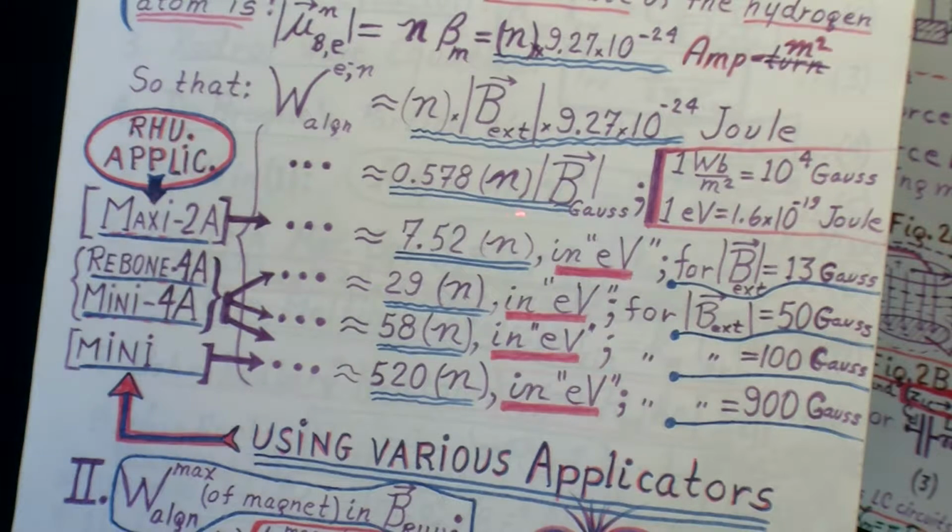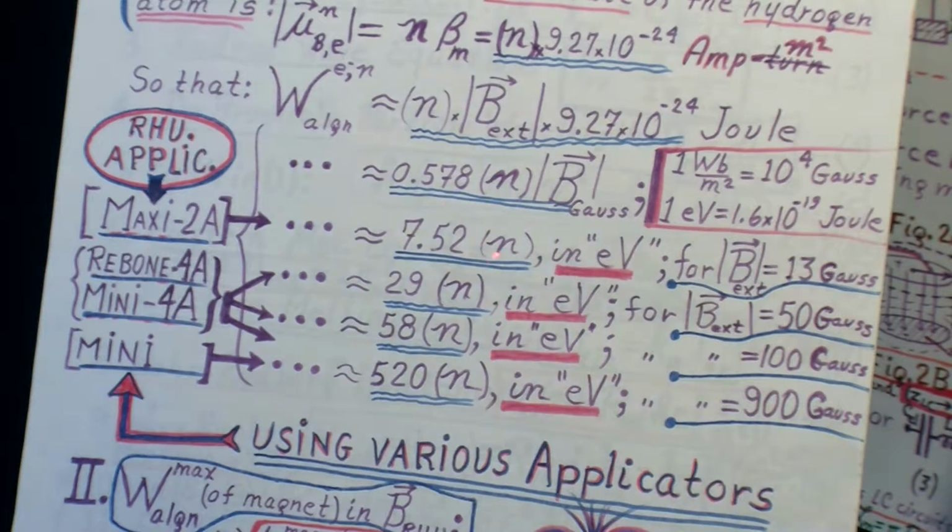So the magnetic field, here I talk in Gauss. The unit of magnetic field in the MKS system is Weber per square meter. But usually in literature, the unit Gauss is used, a smaller unit. So it takes 10,000 Gauss to make 1 Weber per square meter, okay?